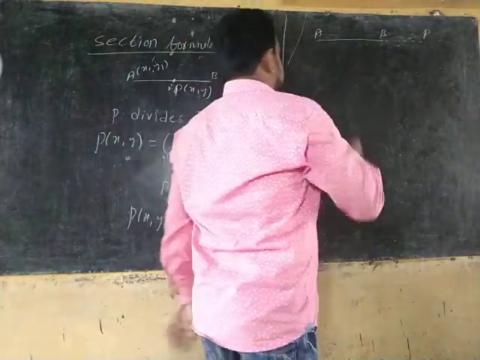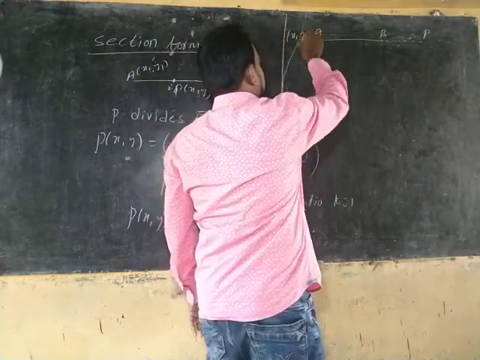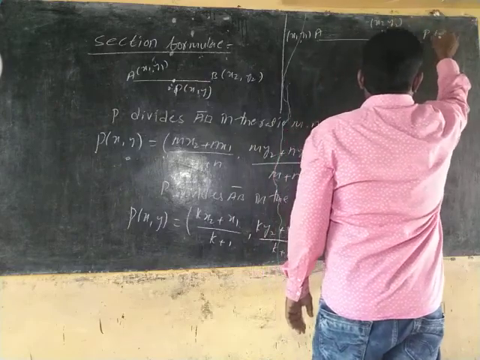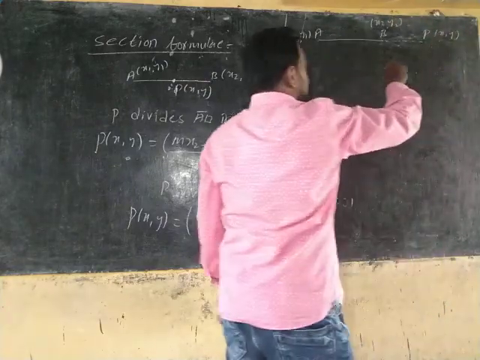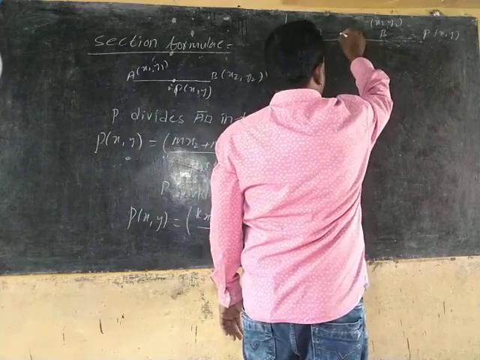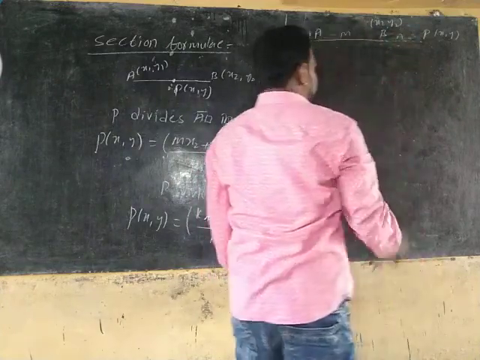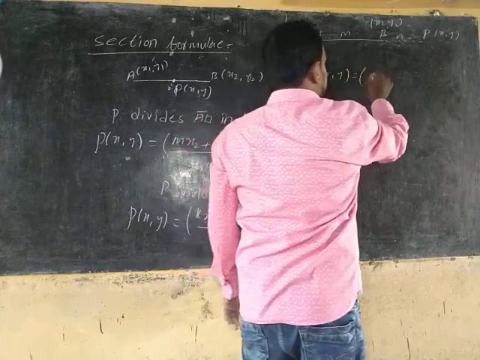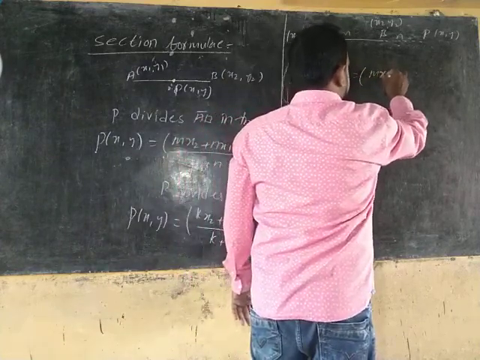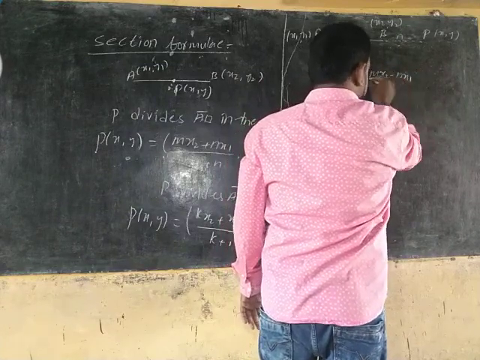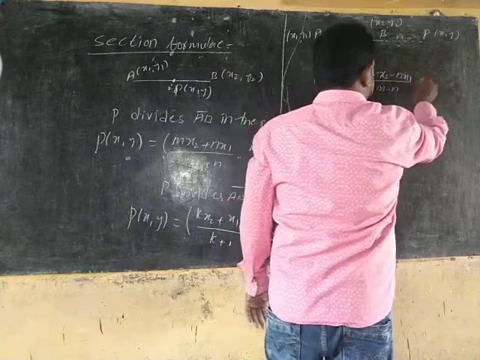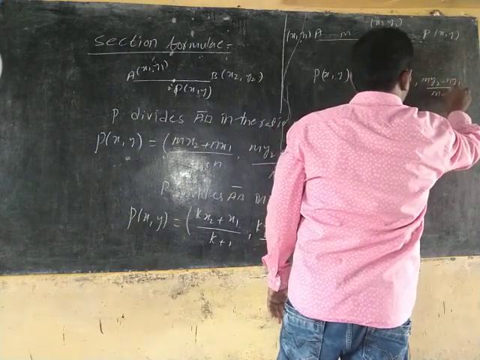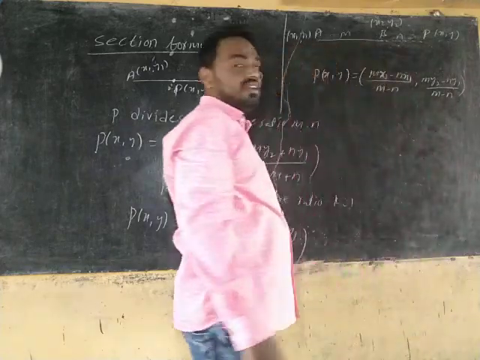Here the A coordinates are the same: x1, y1, B coordinates are x2, y2, and P coordinates are x, y. P divides AB in the ratio m is to n. Then P(x, y) is equal to (m x2 minus n x1) by (m minus n), comma (m y2 minus n y1) by (m minus n).